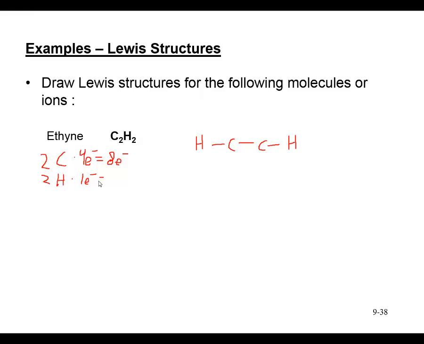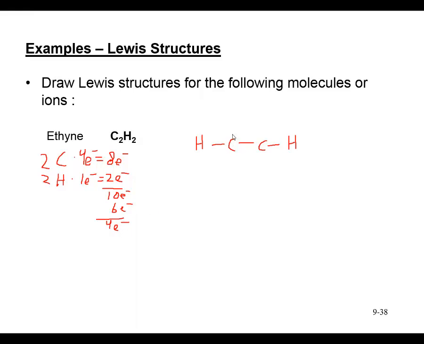We'll see that we have a total here of 10 valence electrons to build my structure out of. So far I've used 1, 2, 3, 4, 5, 6, right? So I've used 6 electrons in the bonds I've shown so far. So I have 4 electrons left to build my structure out of.